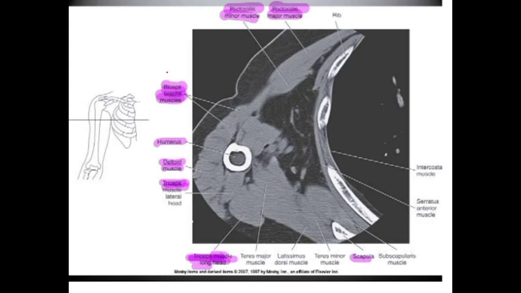So using what we know, we can see a little more in terms of CT. We have the deltoid muscle here, the triceps, pectoralis major, pectoralis minor, latissimus dorsi.